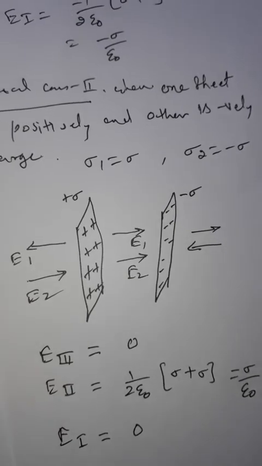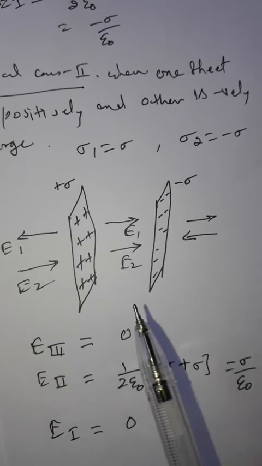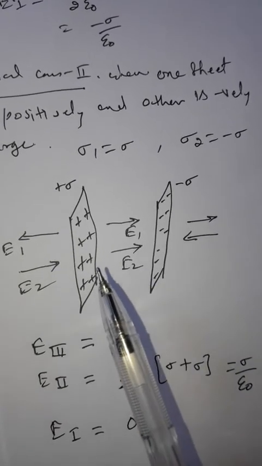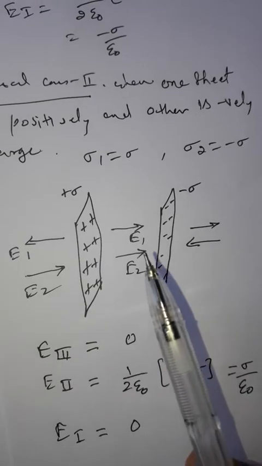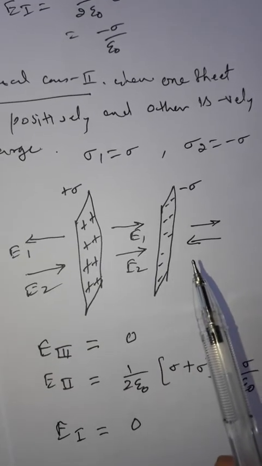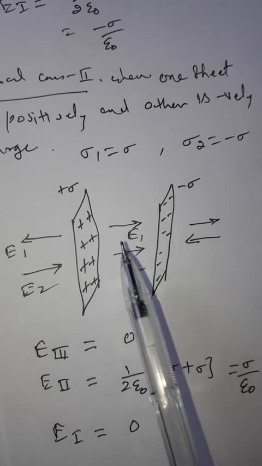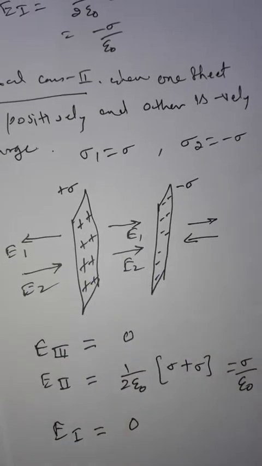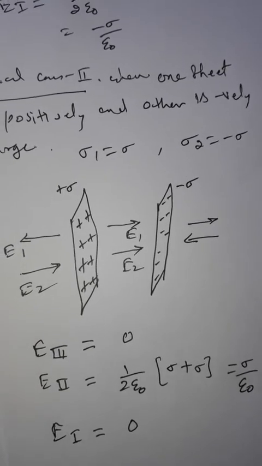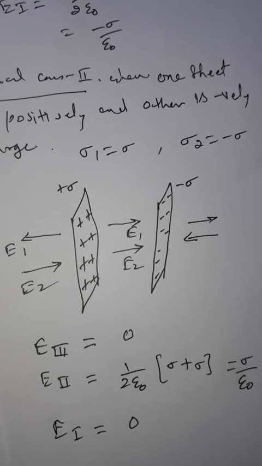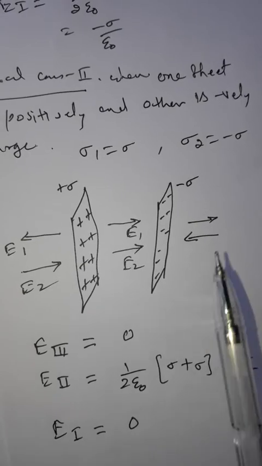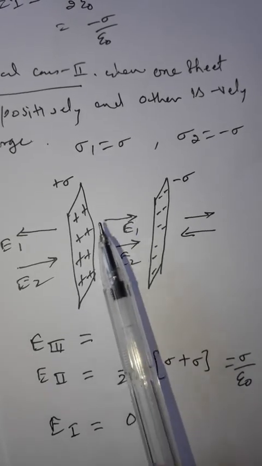So we can say when two plane sheets having charge densities sigma and minus sigma are placed parallel to each other, then the net electric field between the plates is constant and outside the plates is 0. So this is one practical method by which we can produce a uniform electric field in a region.